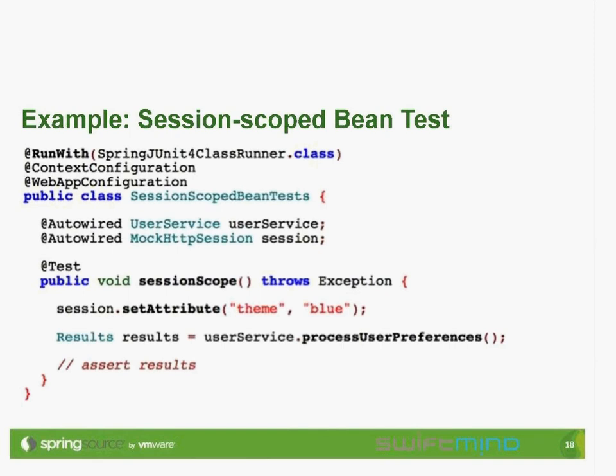So session.setAttribute theme, and for this example, blue. So basically we're saying we know that our user service needs to have the theme attribute set in the session. And then we can invoke the process user preferences method on the user service, and again assert some results.